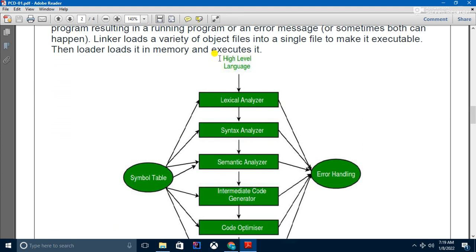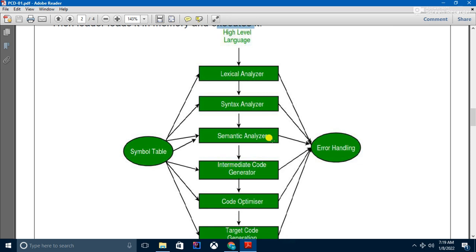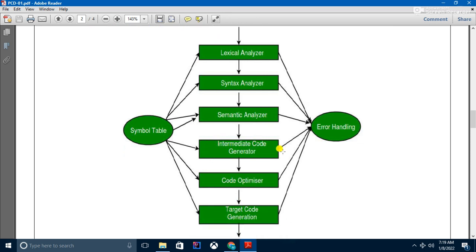In those phases, there are different sub programs, or sub phases. First, the high level language program has to go through the lexical analyzer, syntax analyzer, semantic analyzer, intermediate code generator, code optimizer, and target code generator.